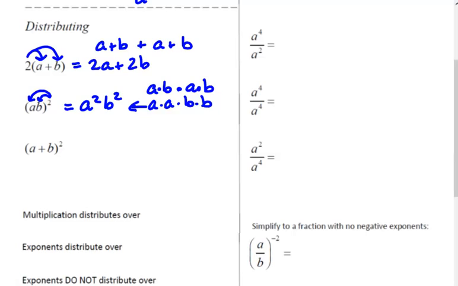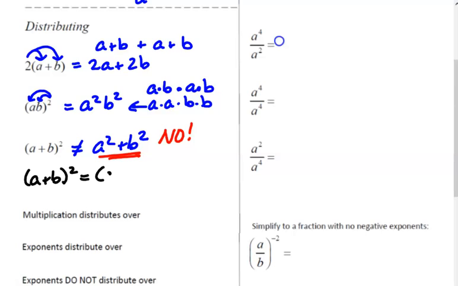But many students mistakenly think that a plus b squared is a squared plus b squared, but this is not correct. This is a big no, okay? It is not a squared plus b squared. The correct answer is that a plus b squared is equal to a plus b times a plus b.